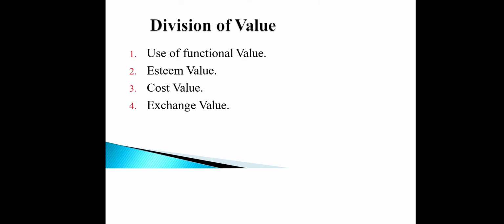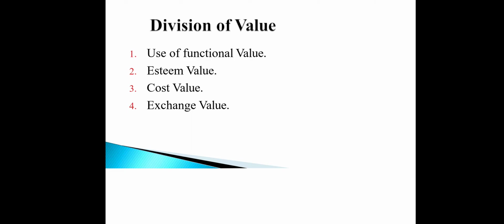The divisions of value are use or functional value, esteem value, cost value and exchange value, each having a different meaning, because it is a creative approach to values. Use or functional value means the properties and qualities which accomplish a use or work or the services. Next is esteem value, the properties or features and attractiveness which cause us to want to own it.